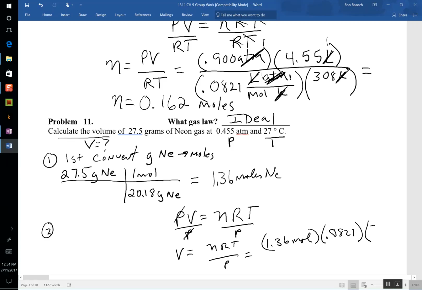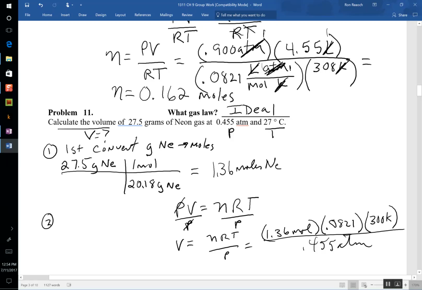Temperature is 300 Kelvin, and pressure is 0.455 atmospheres. So the pressure is in atmospheres, the amount of gas now is in moles, the temperature is in Kelvin. And we get the volume.